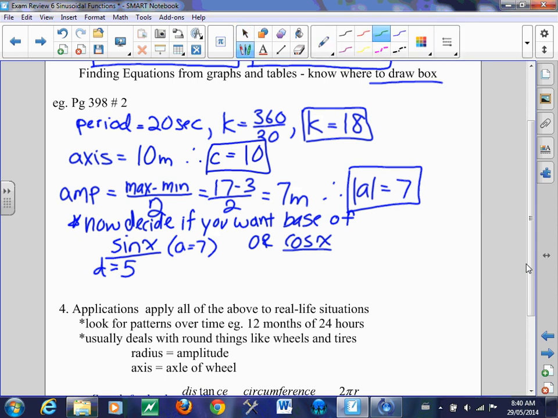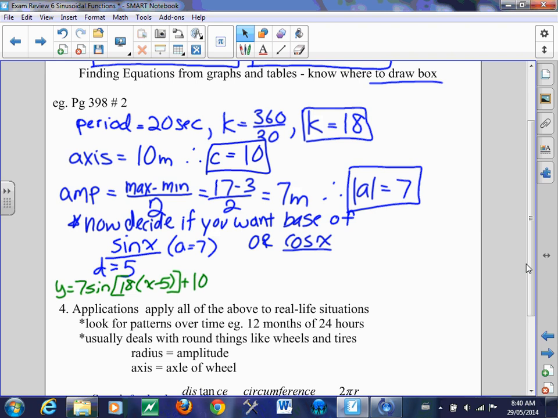So if we have that equation, it's going to be y equals 7 sine bracket 18 opening bracket x minus 5 closing brackets plus 10. Or if you want to do cos x, that means you're starting at your maximum and you're going towards your minimum. So where do you first see a maximum?